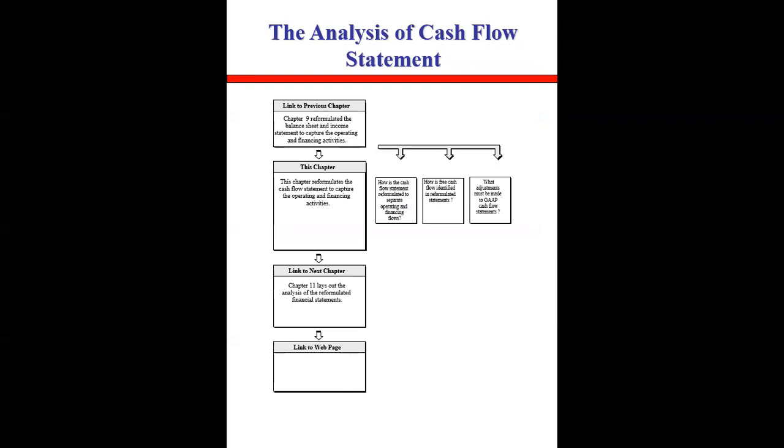Okay. So in this chapter, the analysis of cash flow statement, we are continuing our discussion of reformulation of financial statements from the previous chapter. And we like to explore how much cash is contributed by my operating activities and how much cash is contributed by my financing activities, because the conventional way of preparing the cash flow statement creates some problems in distinguishing these kinds of activities.